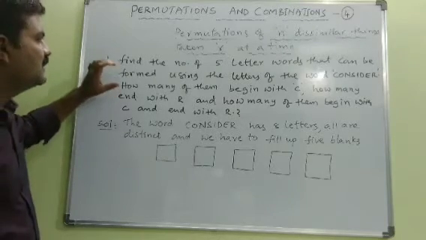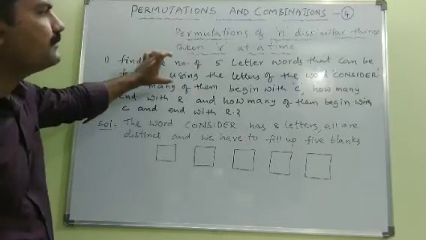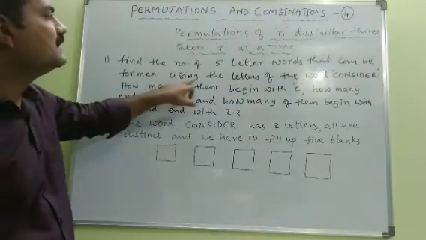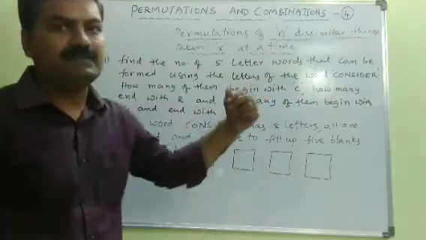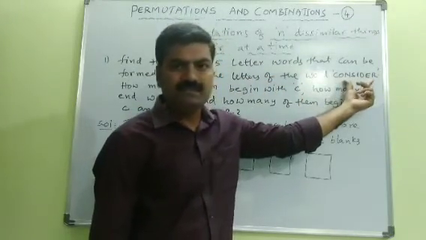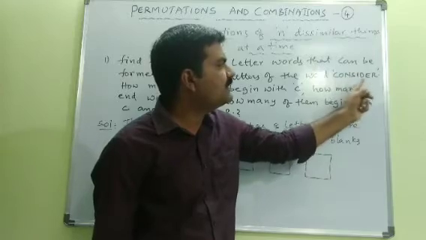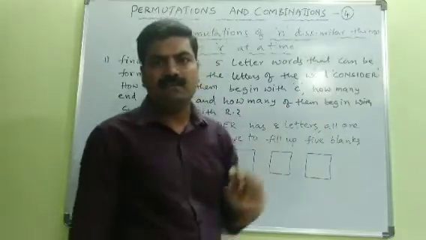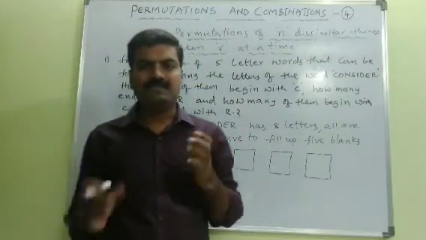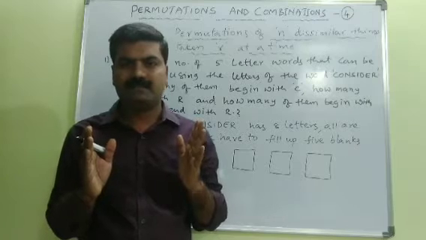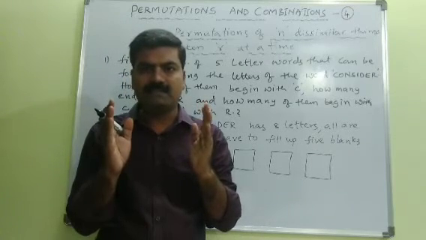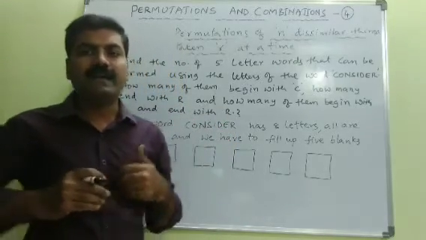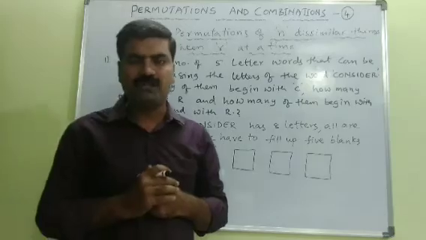How many letters are there in the word CONSIDER? There are 1, 2, 3, 4, 5, 6, 7, 8. So CONSIDER contains 8 letters. Using these 8 letters, how many 5-letter words can we frame? This is question number 1.